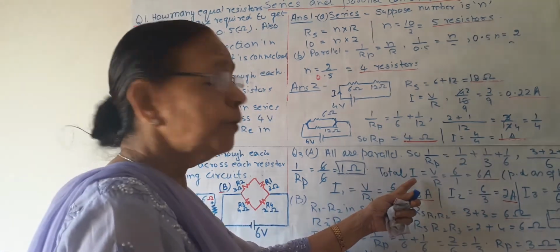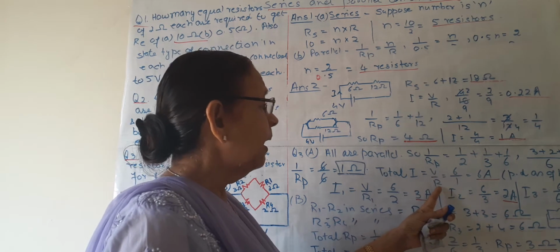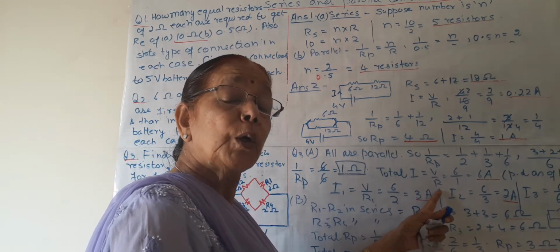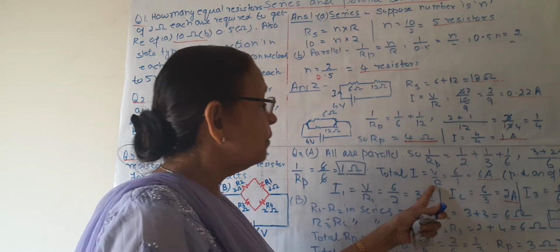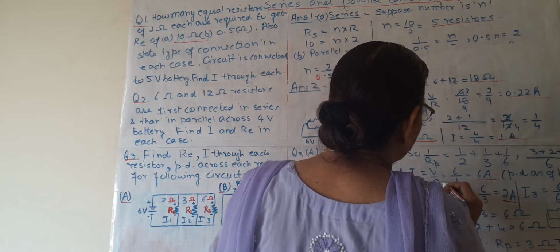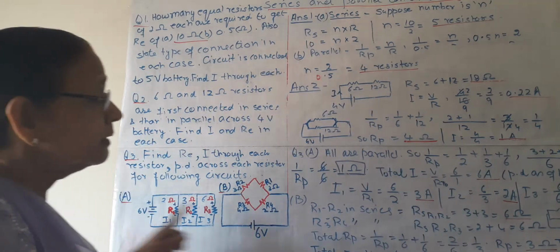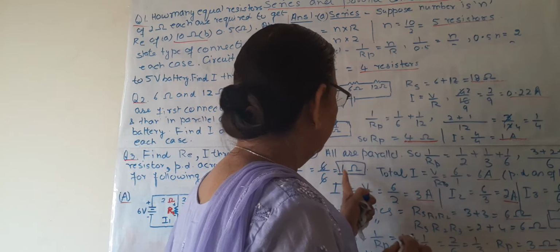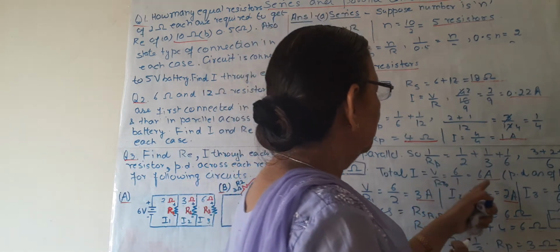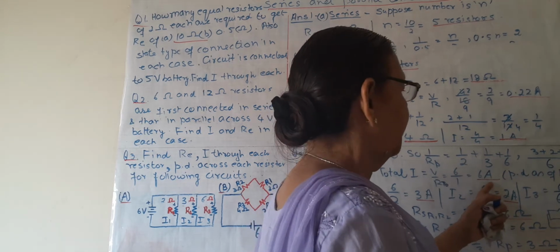Now if you want to calculate total I, I have told you V upon R, where R should be the total resistance of the circuit. This is R total. V is 6, it is given here. 6 upon 1, we have calculated from here. So the total I is 6 ampere.